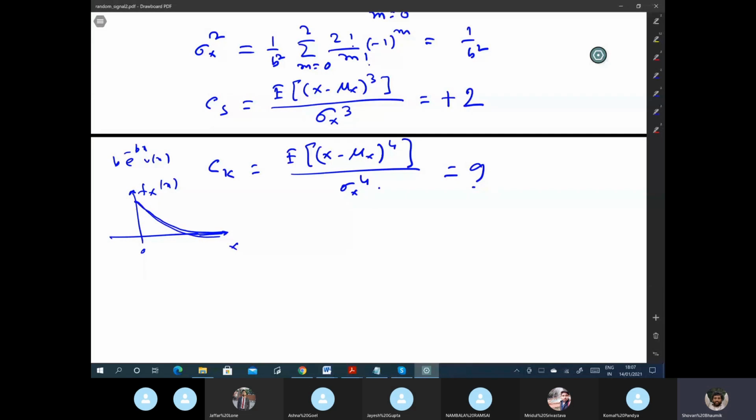If it is positive, it has a tail on the right-hand side, skewed towards the right. If it is negative, it has more tail on the left-hand side. That is the physical interpretation. Okay, sir.